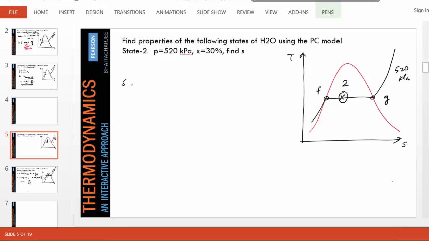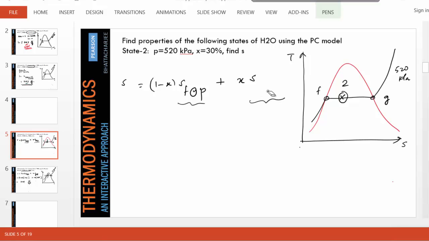We know entropy is going to be 1 minus the quality, which is supplied to us, times the saturated liquid value at the given pressure for the entropy, plus X times SG at given P. In other words, it's a weighted average of entropy for the saturated liquid and saturated vapor.